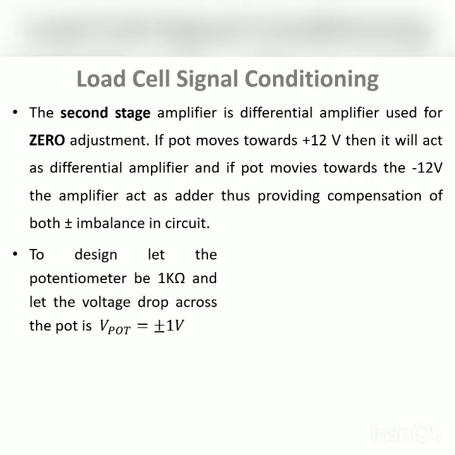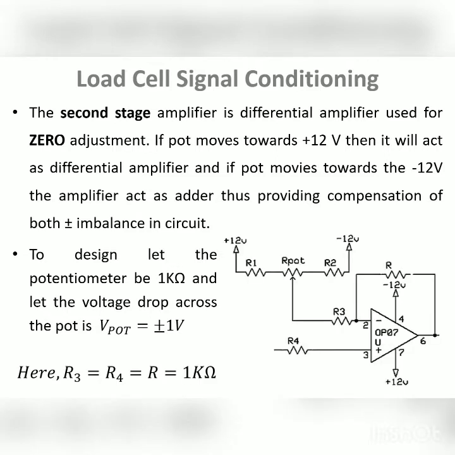The second stage amplifier is a differential amplifier used for zero adjustment. The circuit is like this one. A potentiometer can be used along with the two resistors R1 and R2, and both can be connected to the supply of plus minus 12 volt.